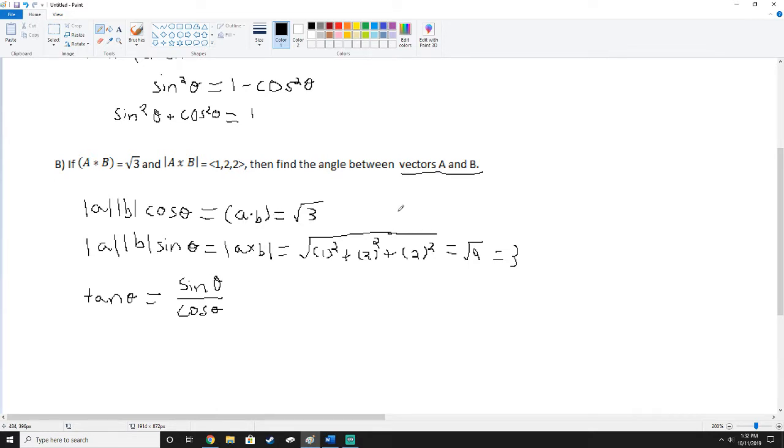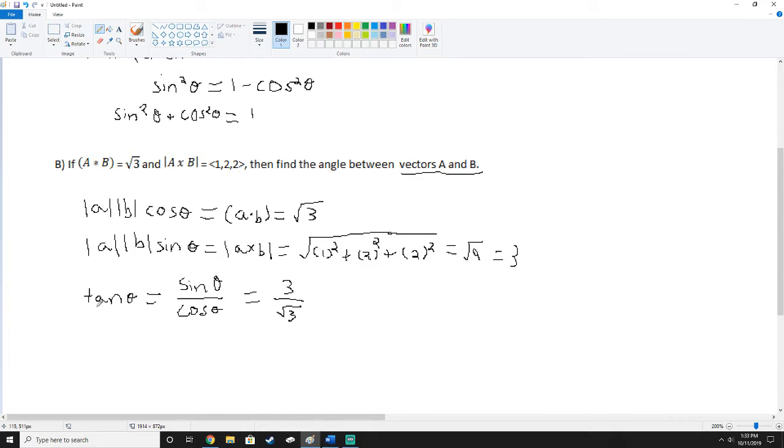So we'll take our values from the cross product and the dot product and plug them in for sine and cosine. We're left with tangent of theta equal to 3 over root 3.